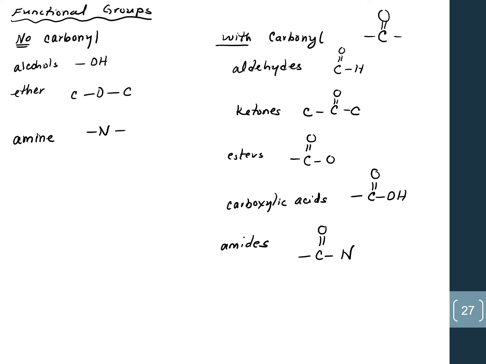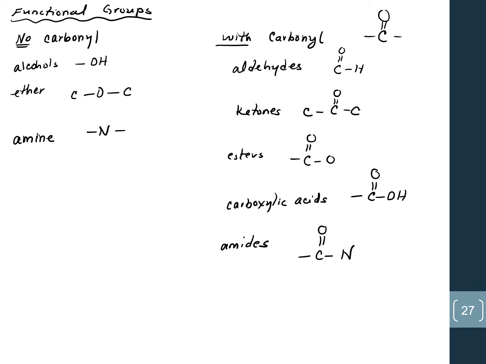For esters, you do have a carbonyl bonded to oxygen. Amines and amides: you have a carbonyl for amides, you don't have a carbonyl for amines. Ketones, you have carbons on both sides of the carbonyl. Aldehydes, what you have bonded to the carbonyl is a hydrogen atom.